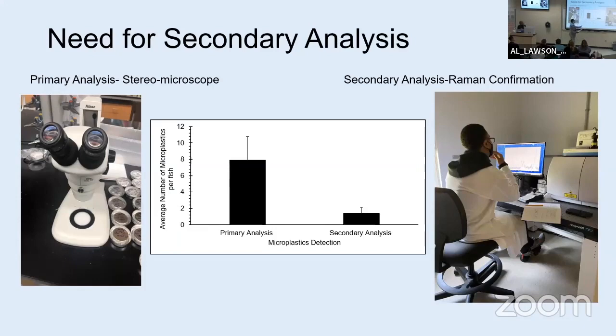So these results indicate that primary analysis overestimated the amount of microplastic presence, as with visual identification, we're basing whether or not they're plastic on the morphological characteristics or physical structure without getting a sense of the chemical composition. So you can see how those means basically translate from primary, what was originally thought to be plastic, versus what was actually plastic via Raman spectroscopy.